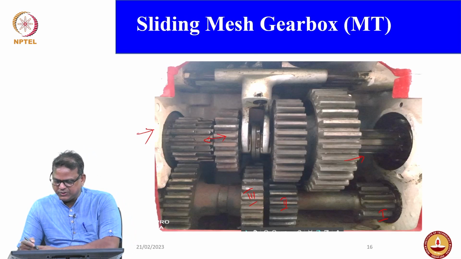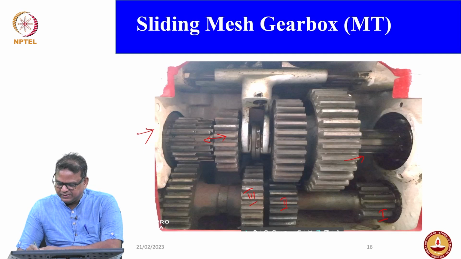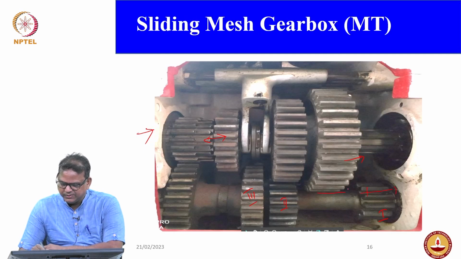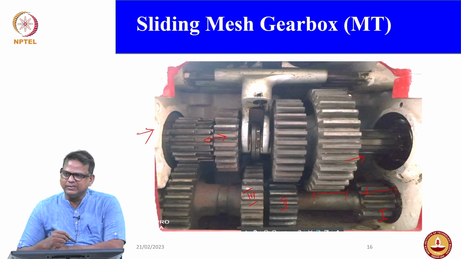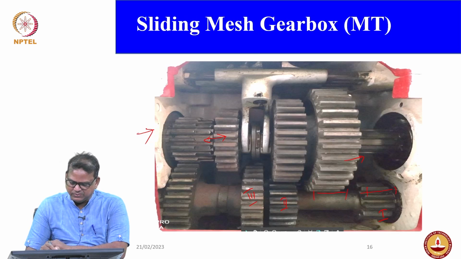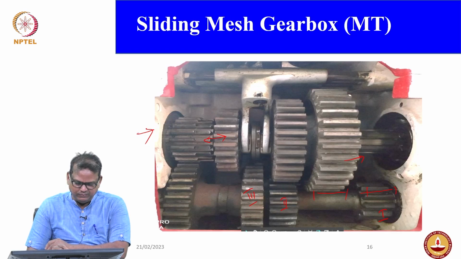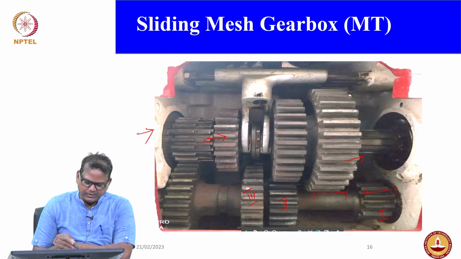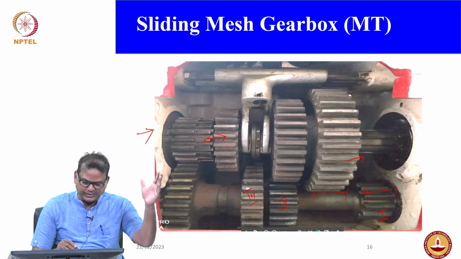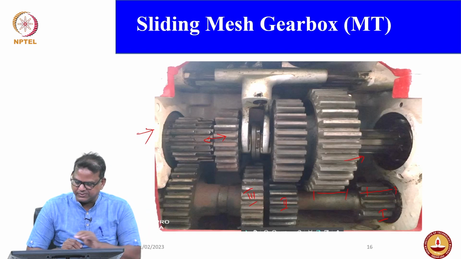Could you please observe what is happening? The first gear, look at this, the face width. How big the face width is, right? Second gear you can see is slightly reducing. You can see the face width is reduced, and for third gear also reduced here. Then this is your first gear reduction coming from the input.